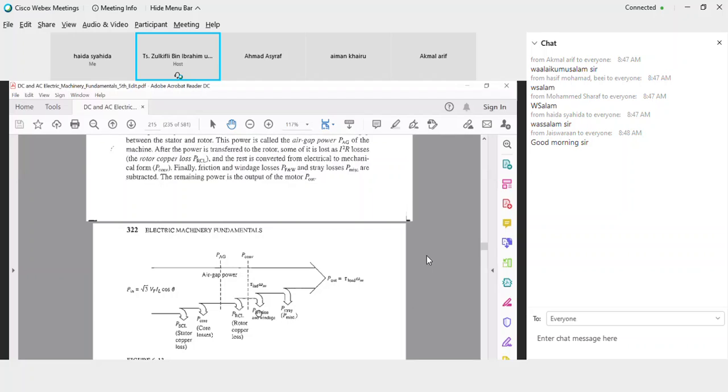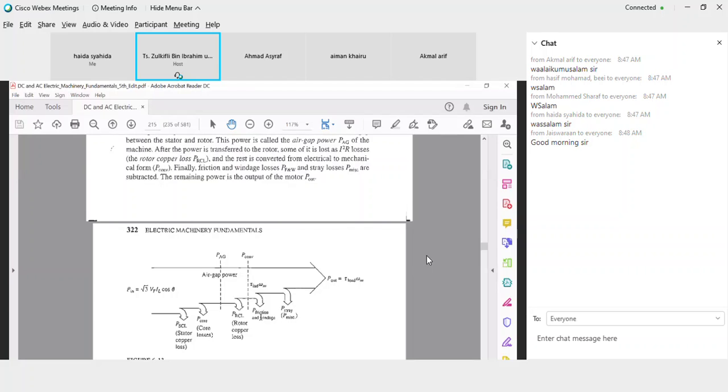This friction and windage is due to the friction mainly on the bearings, and the windage is the losses of the rotor when it moves against the air.